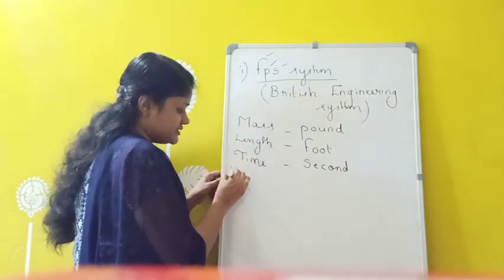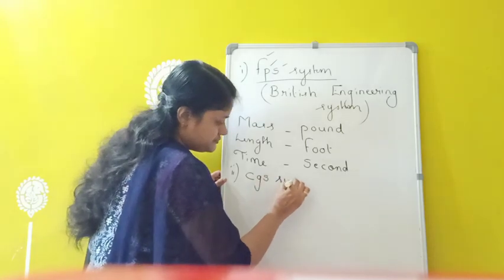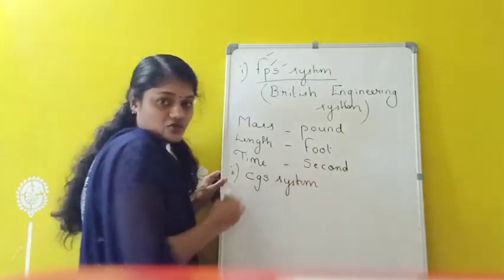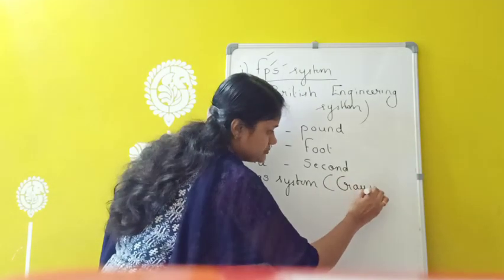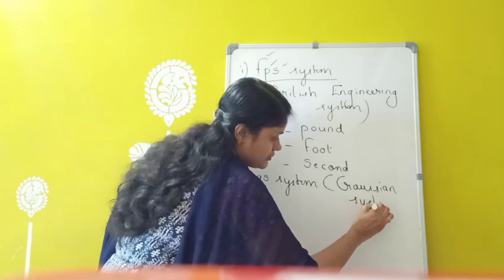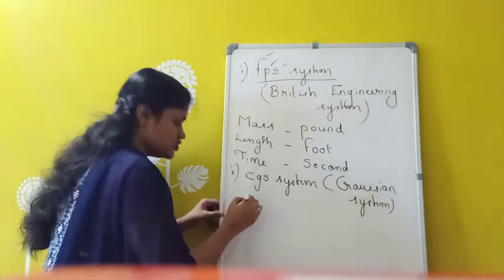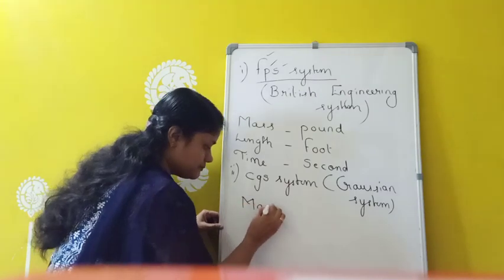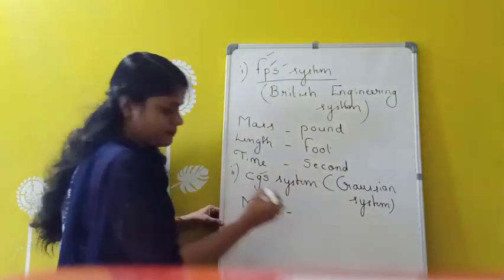Then second one is CGS system. It is also known as Gaussian system. So in this system also, first of all I am writing mass. Mass unit is, here G indicates gram.